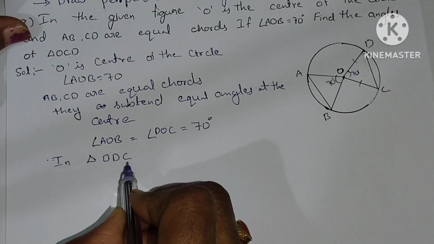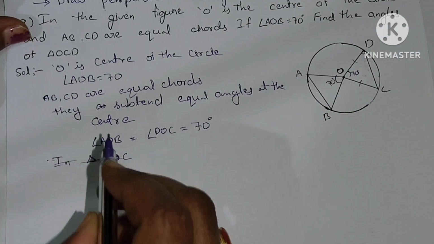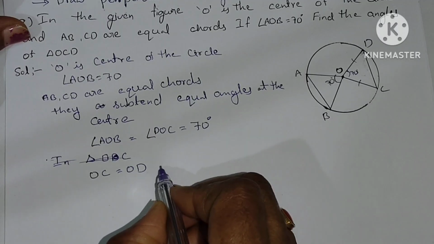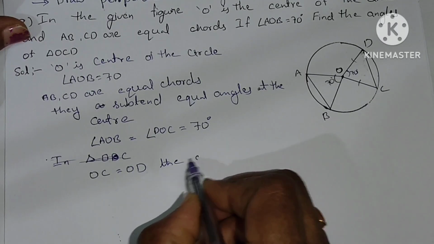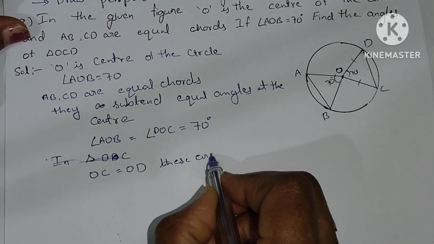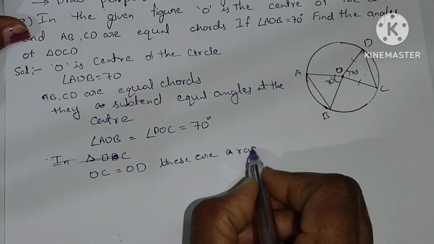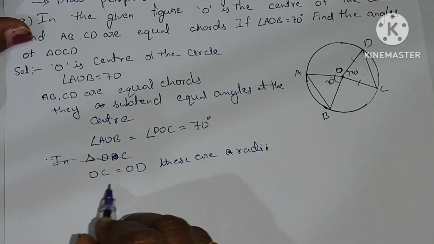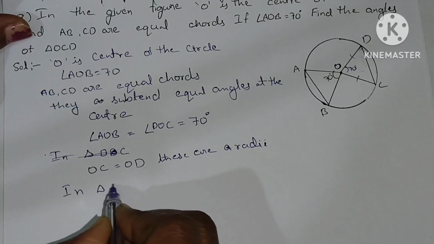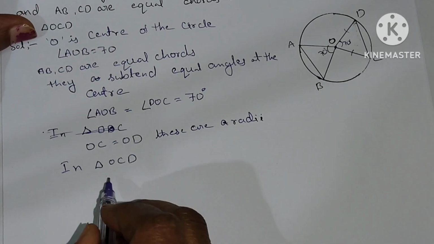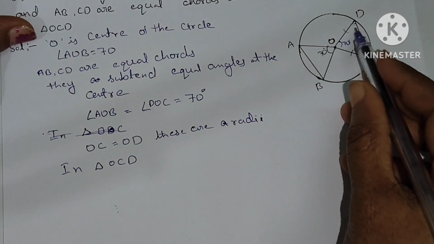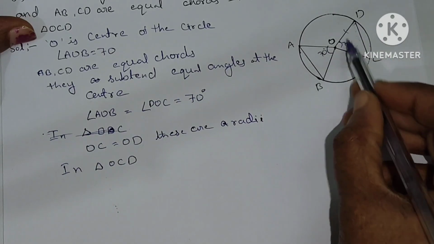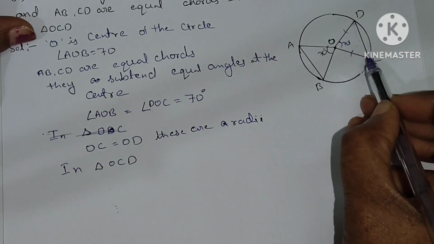In triangle OCD, these two are equal sides, and equal sides have equal opposite angles.